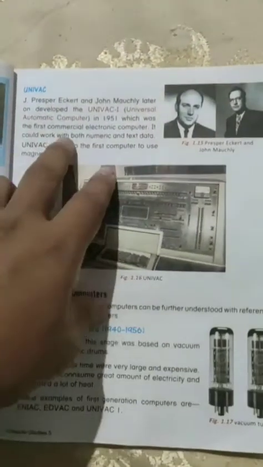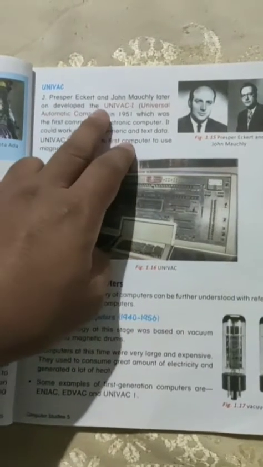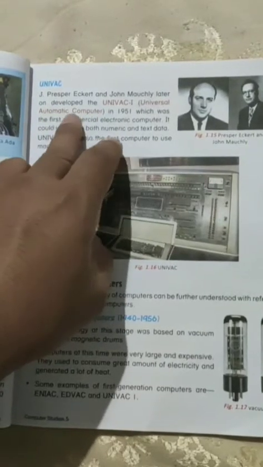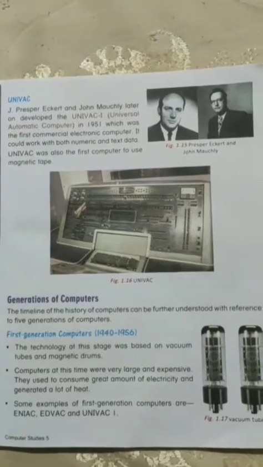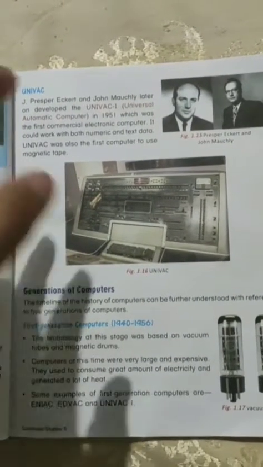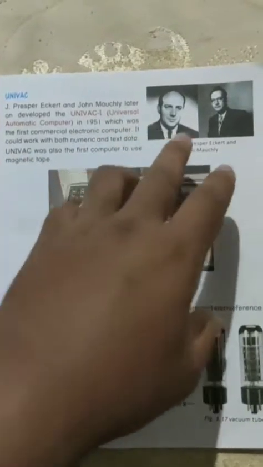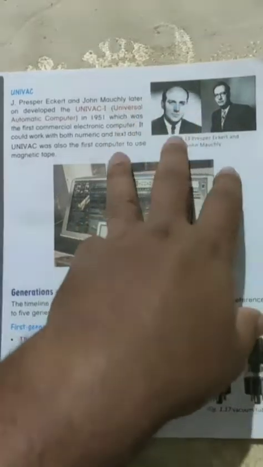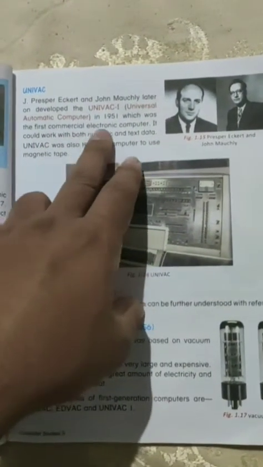Now we know about UNIVAC. UNIVAC also was prepared by J. Presper Eckert and John Mauchly. They later developed the UNIVAC 1, Universal Automatic Computer. After preparing EDVAC, they prepared UNIVAC, known as the Universal Automatic Computer, in 1951. They are the two persons who invented EDVAC and UNIVAC. So which was the first commercial electronic computer?